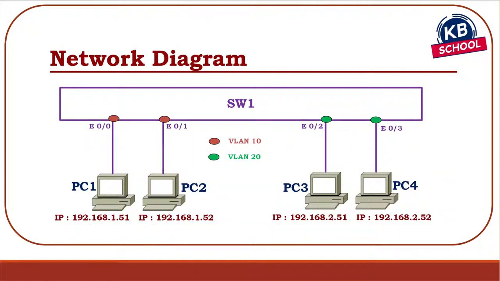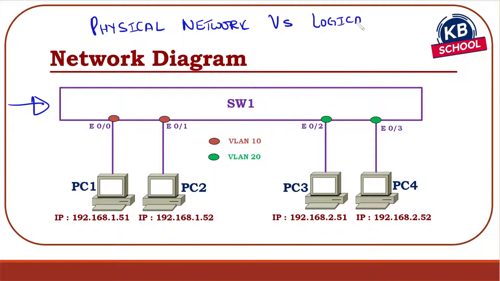But one of the underlying things of this particular video, and which also is the same thing in the next video, is the aspect of physical switch or physical network, which is this depiction where the physical ports are connected to, versus your logical network, which is your layer 3 network, which I had just drawn moments ago, which I cleared up.